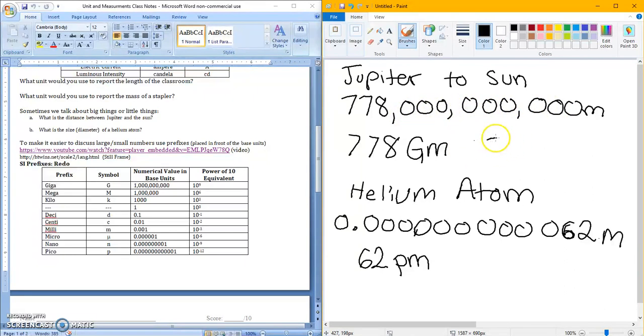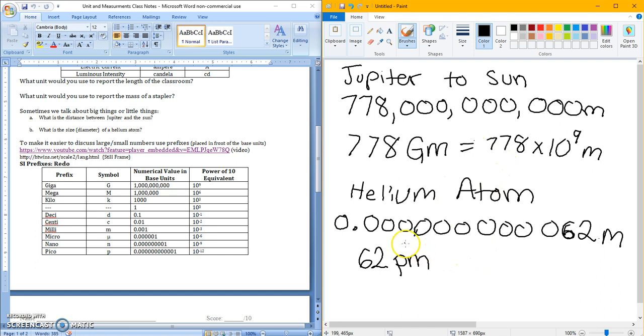So I would write 778 times 10 to the 9th power meters. That's the exact same number as before. It's just using scientific notation, or how many zeros there are, in order to make it smaller.